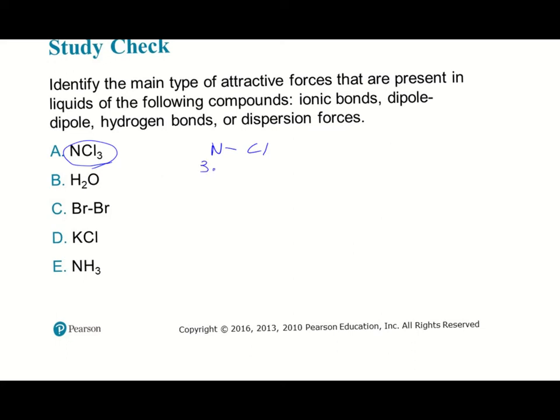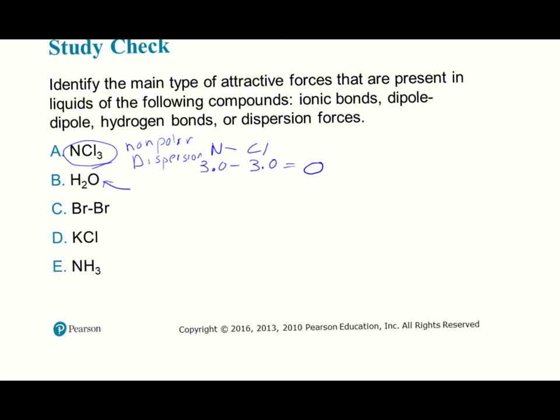You'll discover that nitrogen is 3.0 and so is chlorine. So 3.0 minus 3.0 is 0. So they're nonpolar. So that's a nonpolar molecule. So your primary force is going to be dispersion. Whenever you have a nonpolar molecule, your primary force is dispersion.